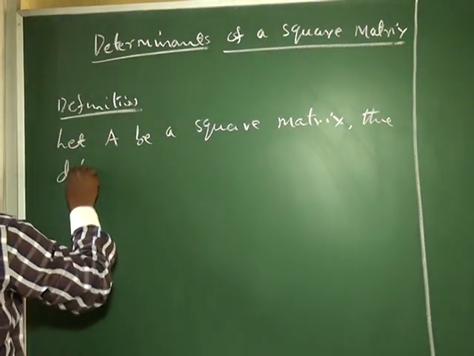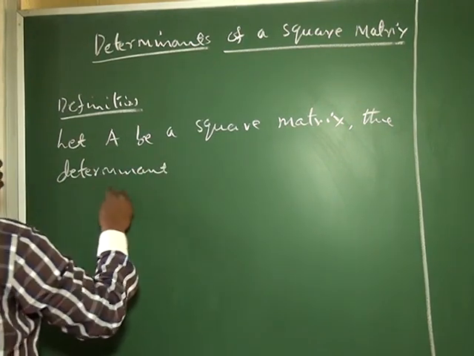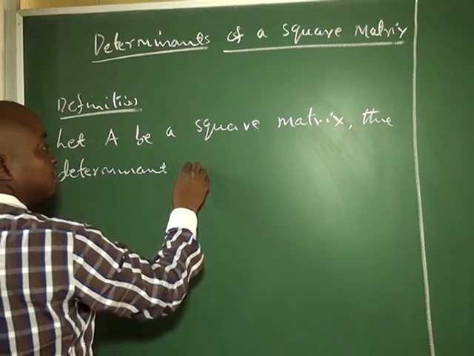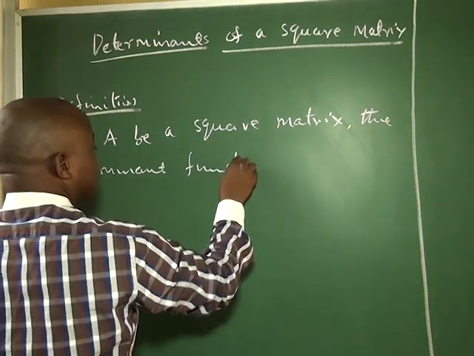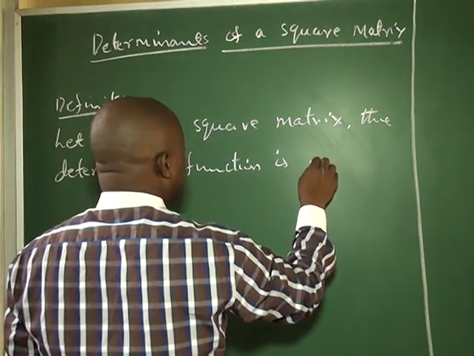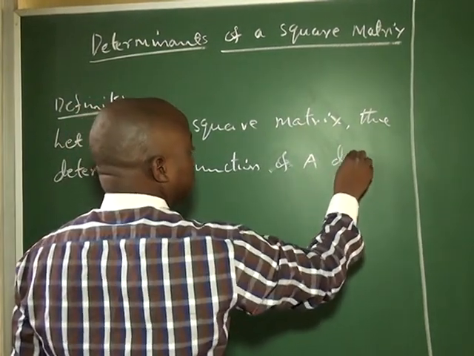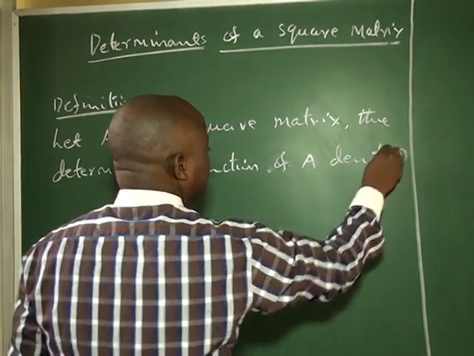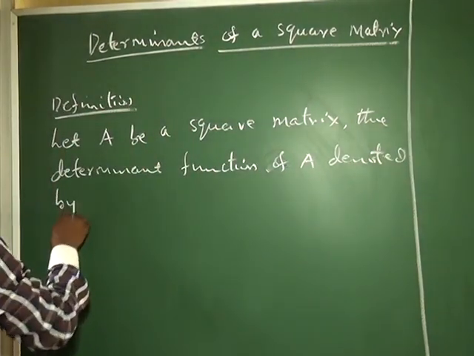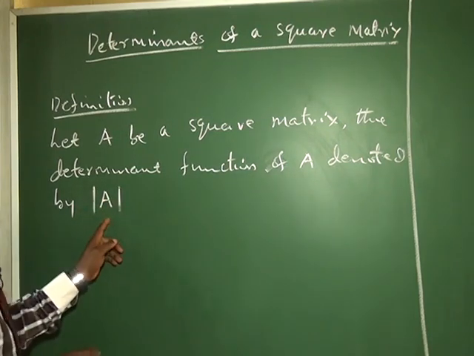The determinant function is the determinant function of A, denoted by this symbol.